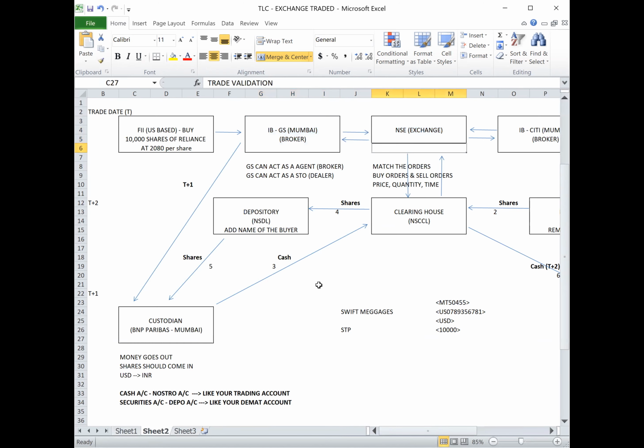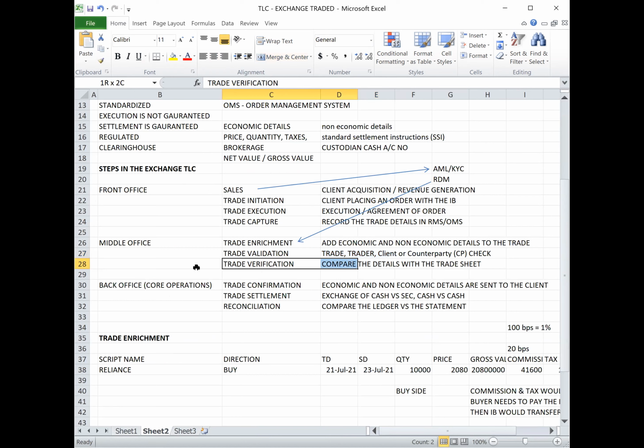What you are doing here is comparing the details with the trade sheet. You will check that whatever was captured in the RMS or OMS system is the same as the trade sheet sent by the exchange. The middle office person compares the trade details in the OMS system with the trade sheet.